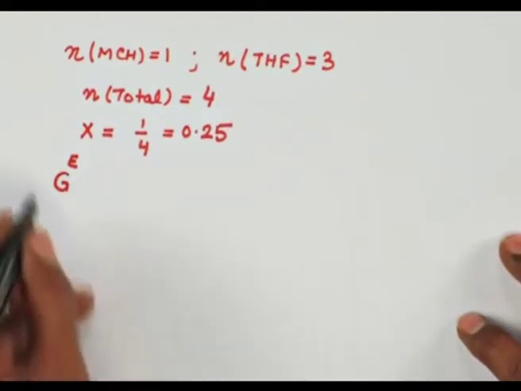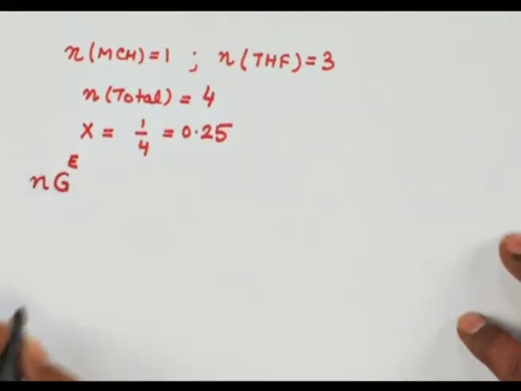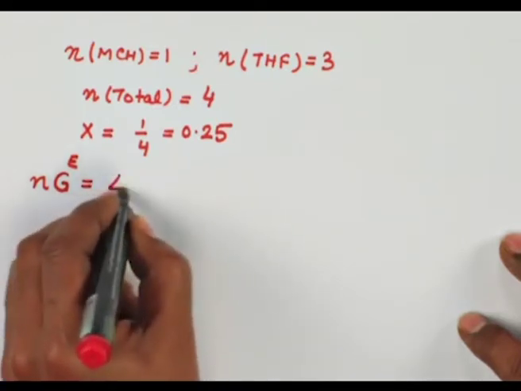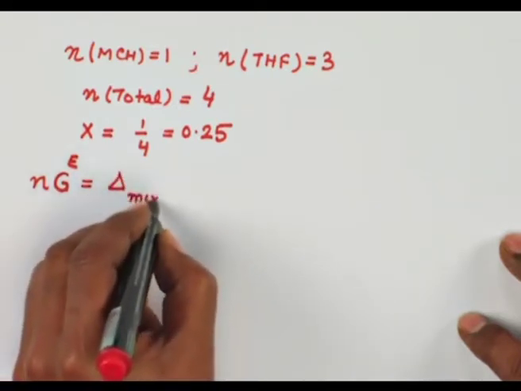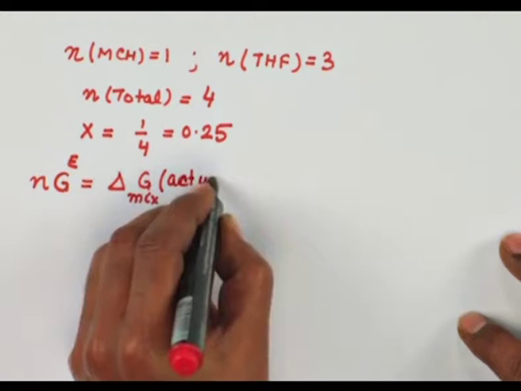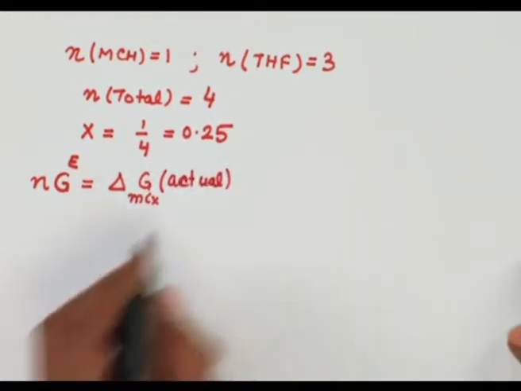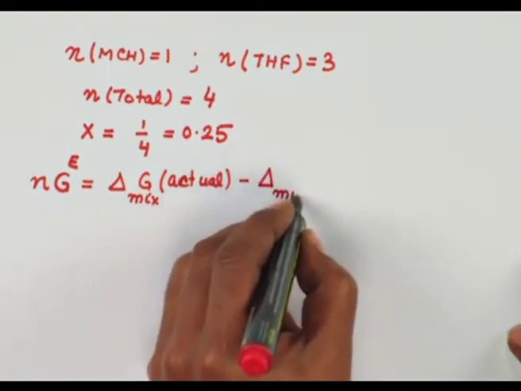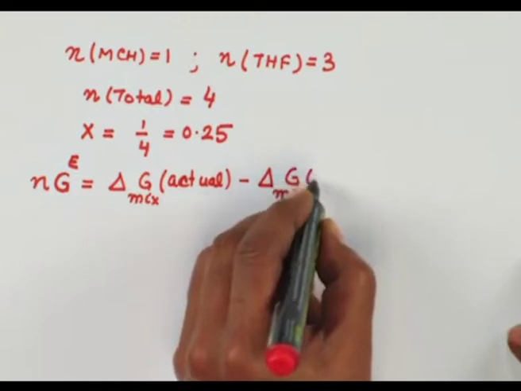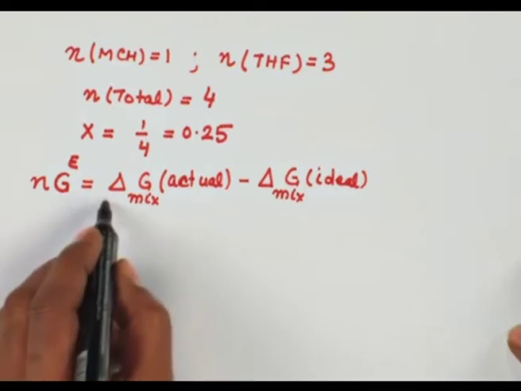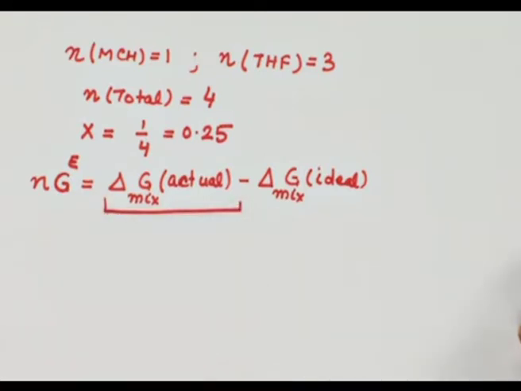Usually this is given per mole. If it is a molar quantity, I will multiply by n to get the actual value of the excess Gibbs function. This will be equal to delta G mixing actual, which we obtain experimentally, minus delta G mixing ideal. We have been asked to calculate this.